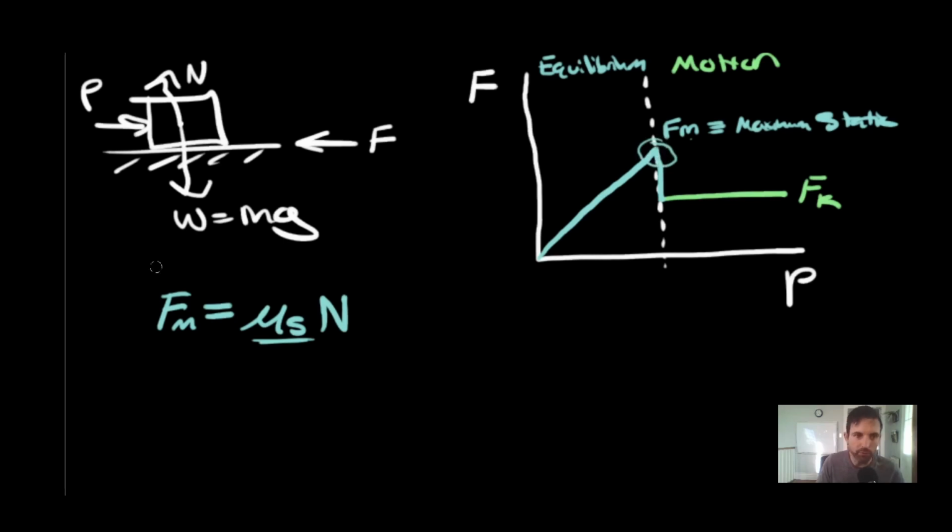Now, when you're talking about this area, that constant friction as you're pushing it, we'll use a different constant called the coefficient of dynamic friction.